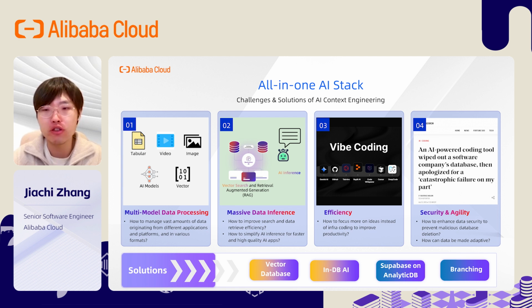It accelerates retrieval and simplifies application workflows. Third, we are providing database service and database branching capability. These capabilities are designed for vibe coding and let development teams experiment and iterate without heavy infrastructure coding.